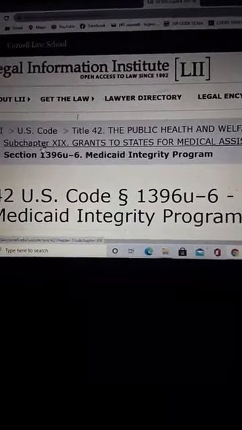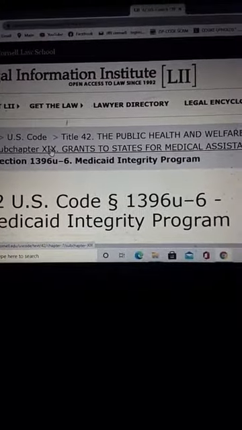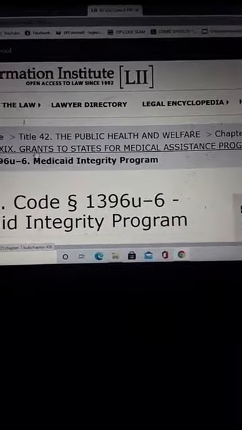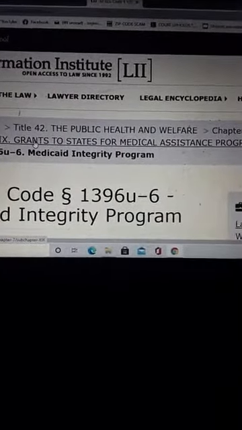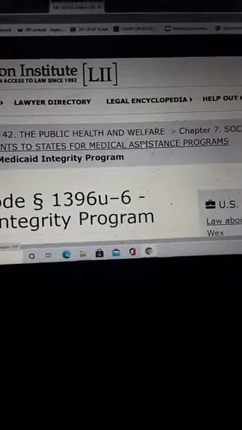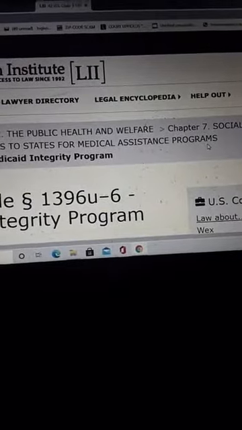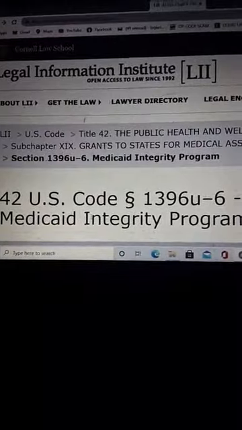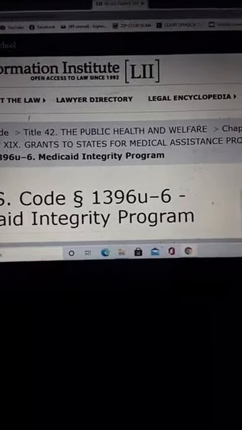But it says Subchapter 19. Not 18. And it's not for the aged and disabled. It's grants to states for medical assistance programs. And it is not Medicare, it is Medicaid Integrity Program.